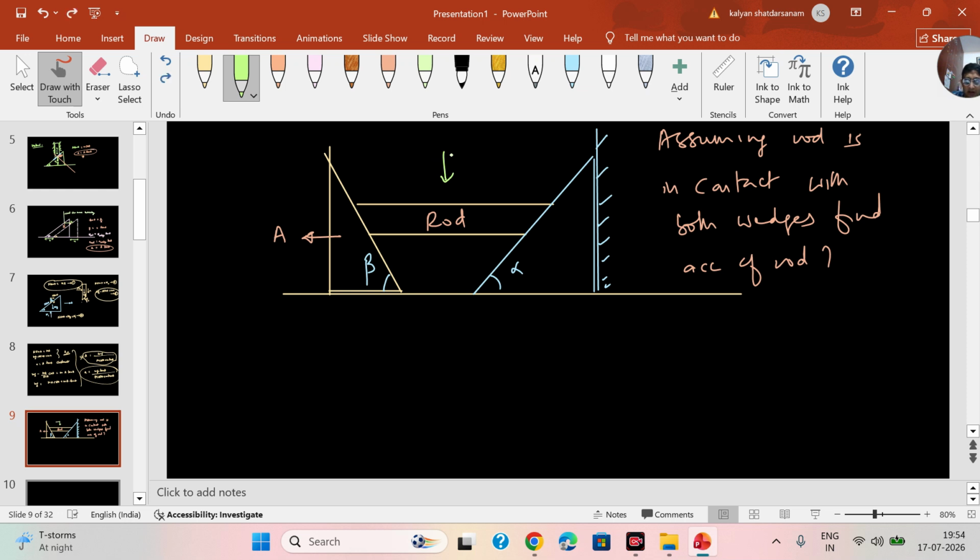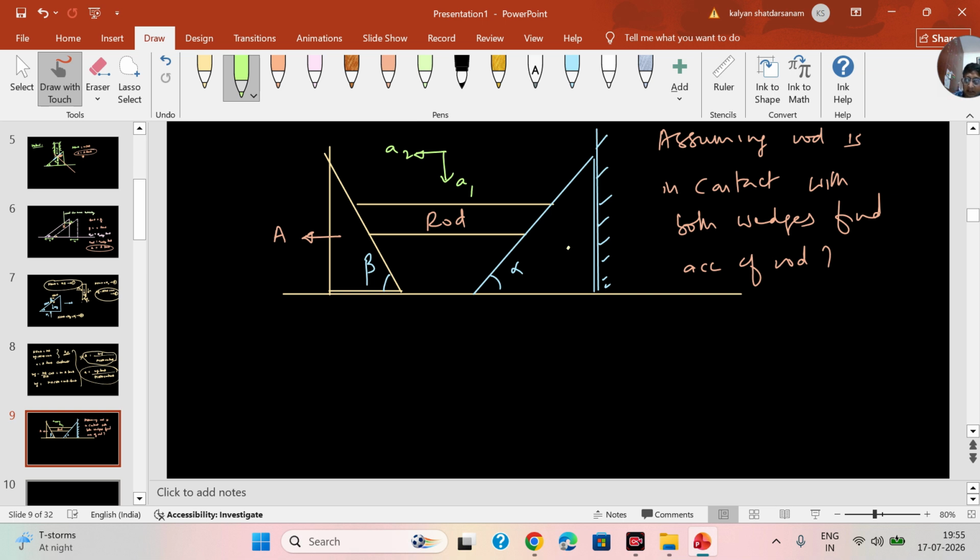So the motion is very complex. So I'll take an acceleration A1 down and A2 to the left. And I don't know these values. I have to adjust these values in such a way that the rod stays in contact with the right wedge without making any hole, and stays in contact with the left wedge without losing contact. And in such a way, I have to find A1 and A2.